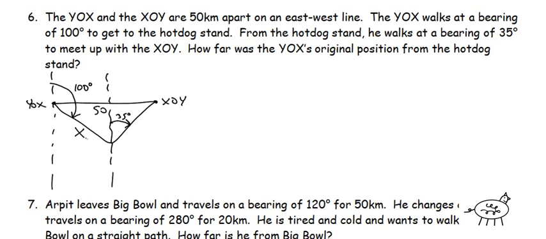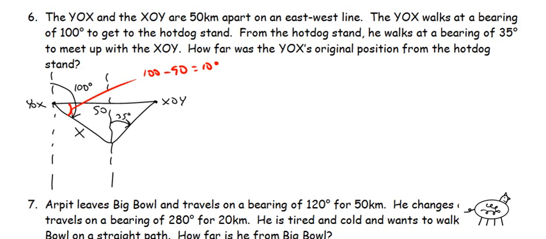Okay, so obviously having an east-west line is really nice because this value right here is just 100 minus 90, which is 10 degrees. All right, and you know, there are a couple other things we can get here too.